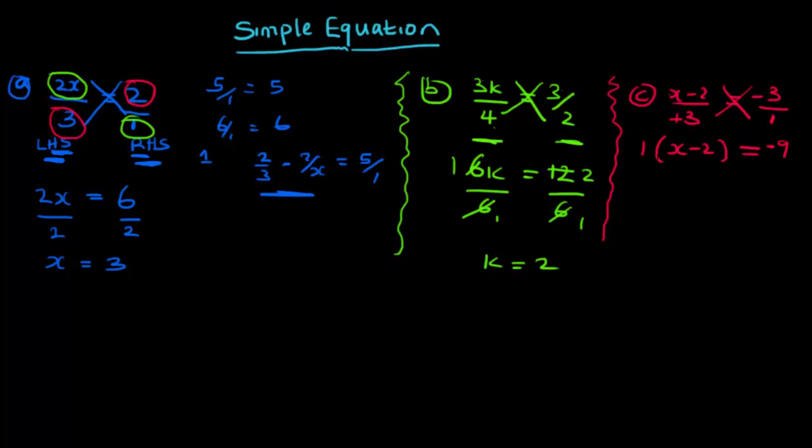Now let's open this bracket. 1 times x is x. 1 times minus 2 is minus 2, equals minus 9. So you collect like terms. Number will go and meet number. So I'm left with x here equals, what do I have here first?